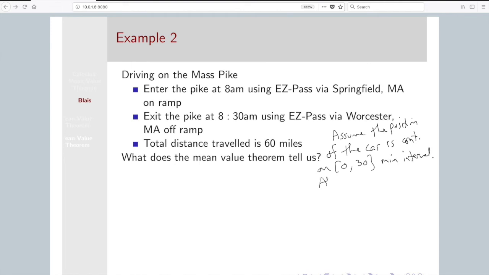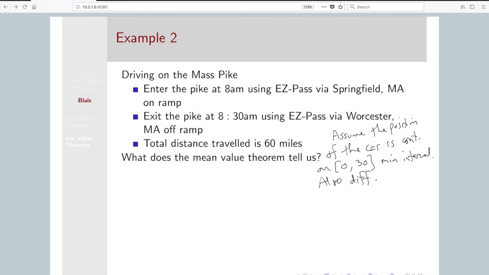And it's also differentiable, which makes sense. The way that a car's position will change in time should naturally be continuous. You're not teleporting. It should be differentiable. You're never having jumps in velocity where you're going at, say, 10 miles an hour and then instantaneously you're going at 50 miles an hour. The car would tear itself apart in such a transition. So these are completely reasonable and realistic assumptions.